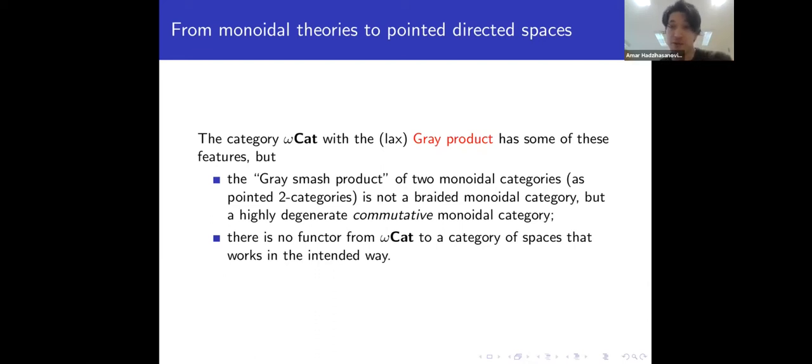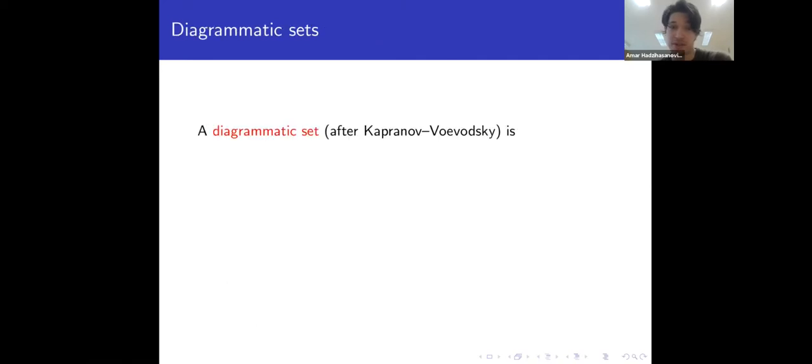So instead, what we're going to use is this theory of diagrammatic sets that's developed in this earlier paper. The name and the idea of diagrammatic sets is taken after a paper of Kapranov and Voevodsky, and this is actually the famous paper which contained a false statement that strict infinity-groupoids model homotopy types.